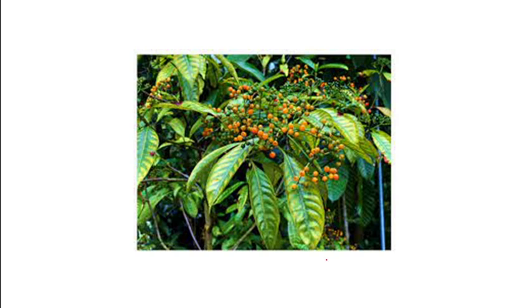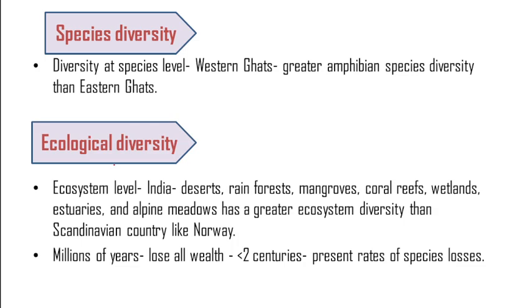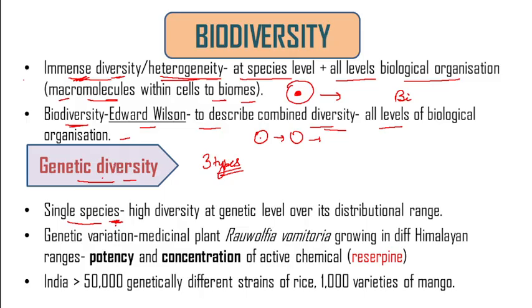For example, this particular plant, Rauwolfia vomitoria, is found growing in different Himalayan ranges, and different plants of it have different potency as well as concentration. Very important point here. A direct question could be framed from here.